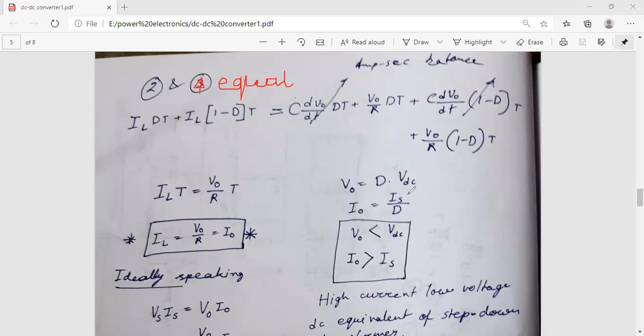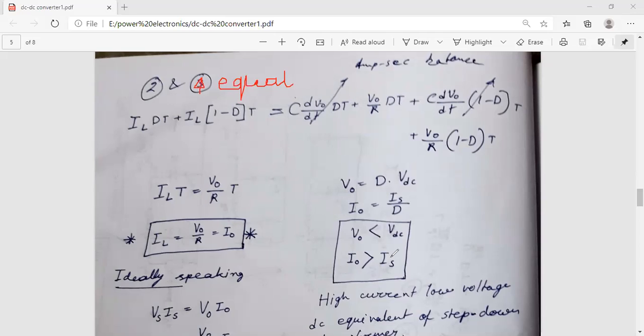So IS, the source current, divided by the duty ratio is actually the I naught. So what you can see is that V naught is less than VDC and I naught is greater than IS. This is actually high current, low voltage, so this is the DC equivalent of a step down transformer.